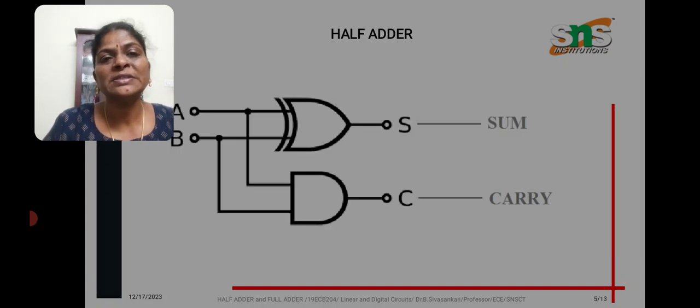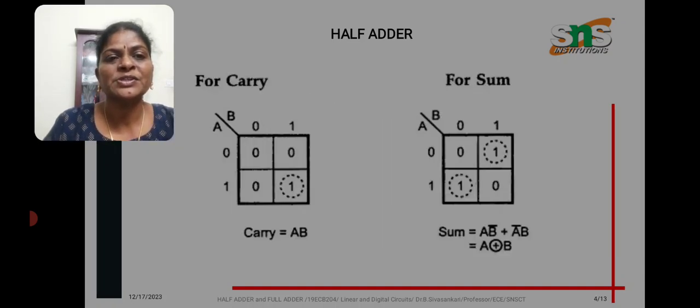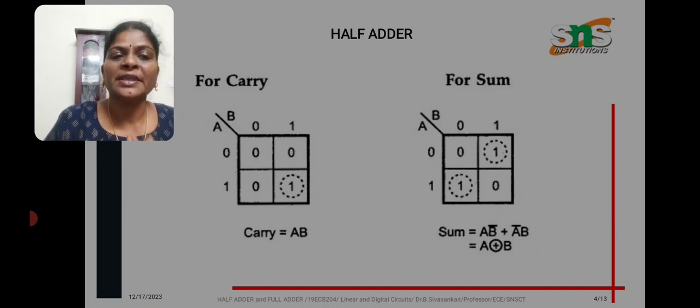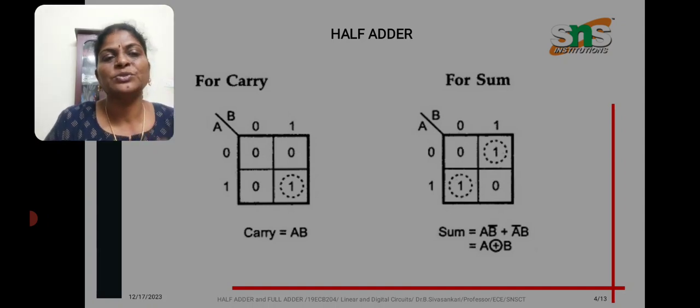By using this expression, you have carry as AB and sum as A XOR B. With these expressions you have to design a logic circuit by using logic gates. In carry you have AB, which is an AND gate operation, meaning binary multiplication. And for A XOR B, you have to use an XOR gate.